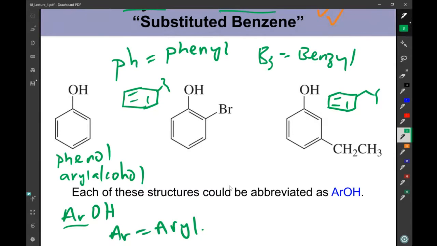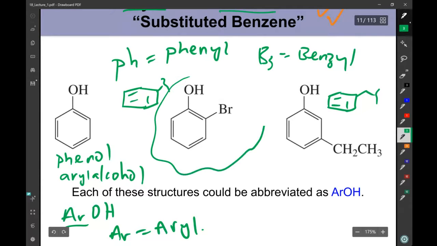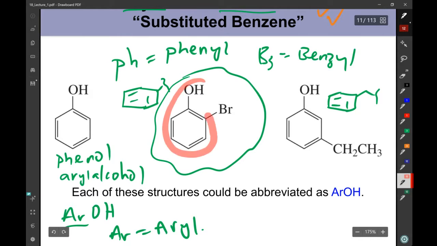Now, if we want to do the nomenclature of this molecule here, if you want to name that molecule, the parent name would be this. That's our parent name, and that parent name is simply phenol.